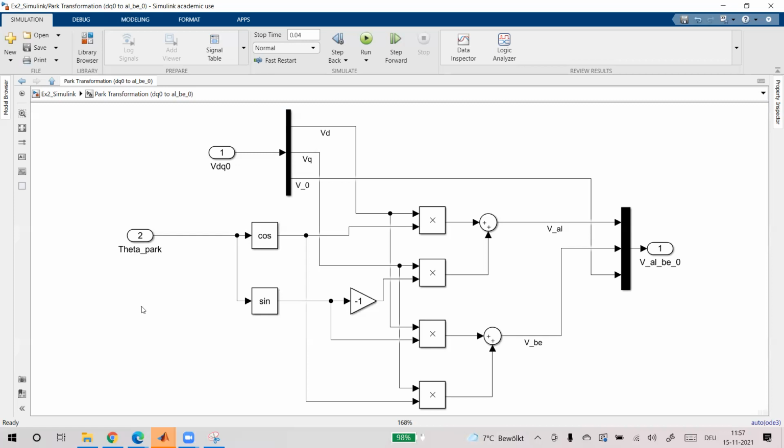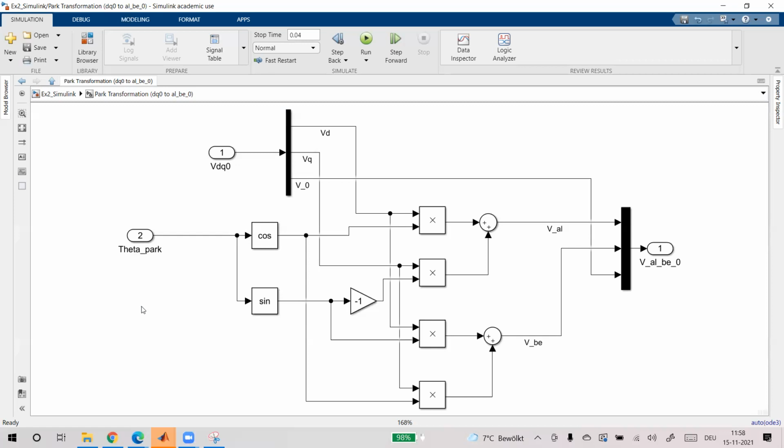You can copy this, Control C and paste. Oh, you want to right click and drag.